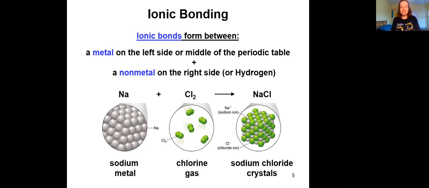And this is a fantastic reaction. At some point, we'll take a look at it because the sodium metal can catch on fire if it's in water, and the chlorine gas is this toxic yellowish green gas, but you put them together and a little bit of a spark and boom, you get sodium chloride crystals. And those, of course, are sitting on our kitchen table right now, not catching on fire or poisoning us. Whew.